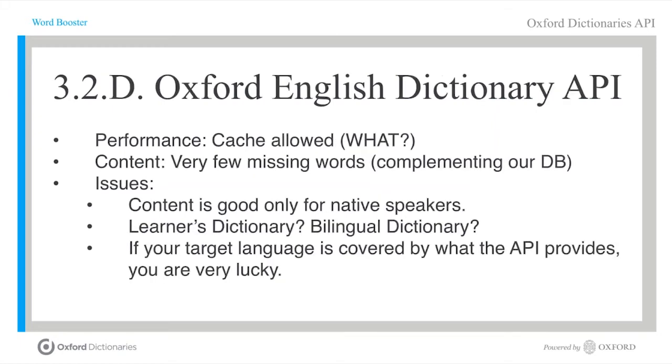So next, finally, we have the Oxford English Dictionary API. I was introduced to the Oxford Dictionary API program during their early adopter stage. The API still had the speed problem, but I asked them, can I cache? All other dictionaries say no, we don't allow that.